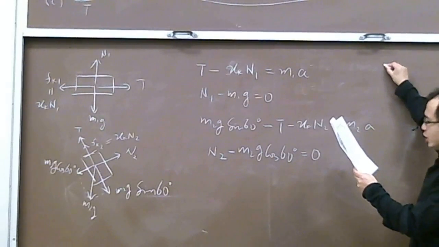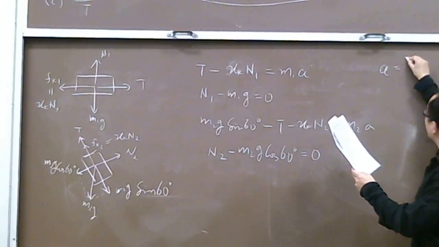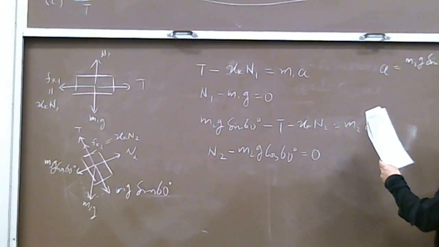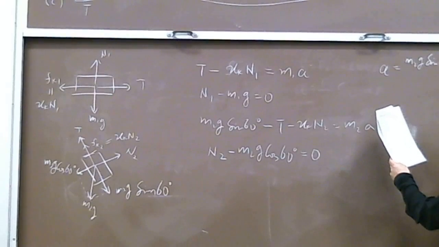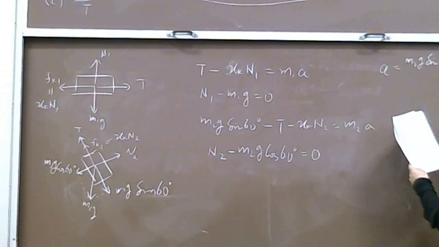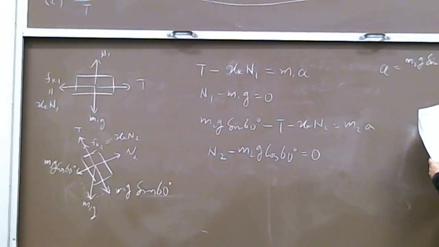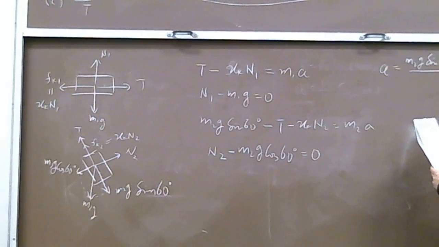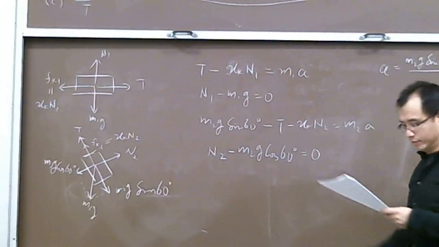The expression should be A equals M2G sine 60 minus mu K M1G minus mu K M2G cosine 60, all over M1 plus M2.